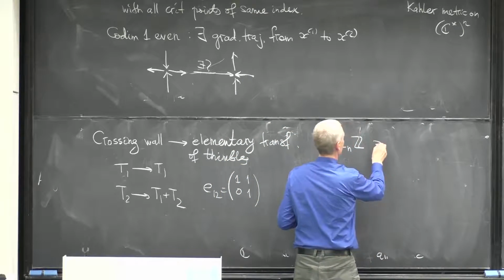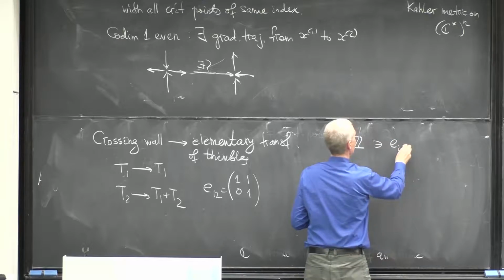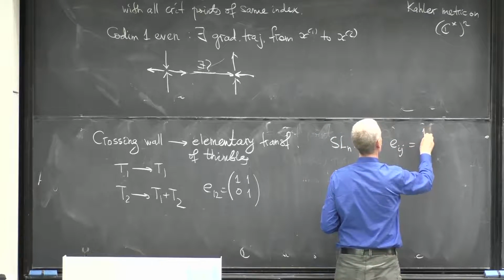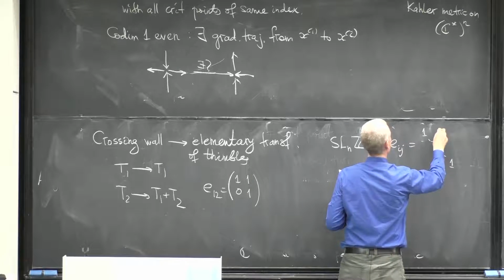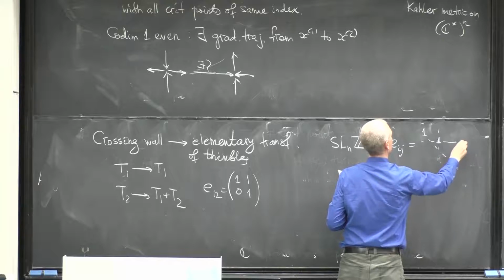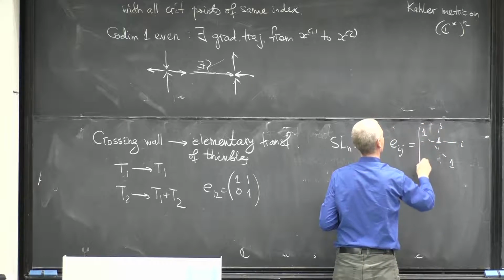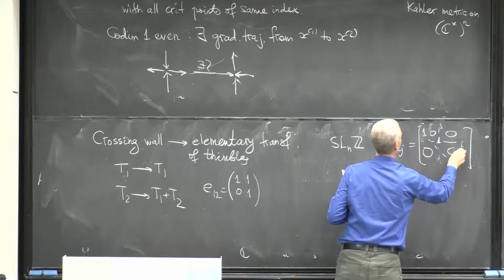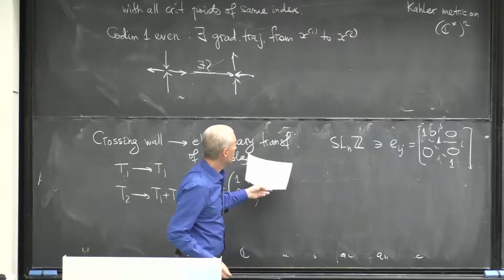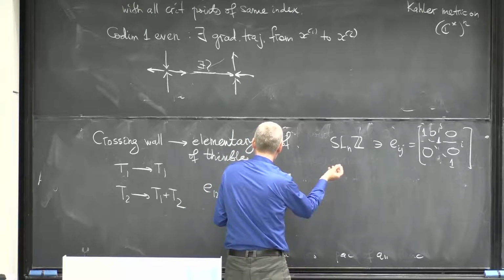It has elementary matrices, let's call them Eij. It's a matrix which has ones on the diagonal and just one more unit at position ij, and zeros everywhere else. And they satisfy the classical relations.